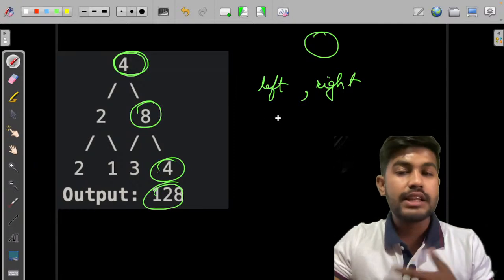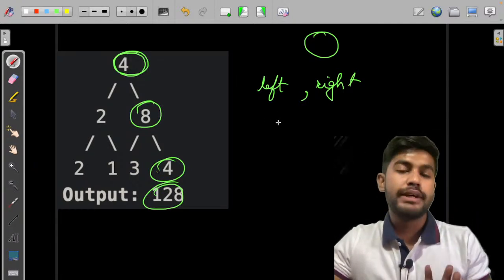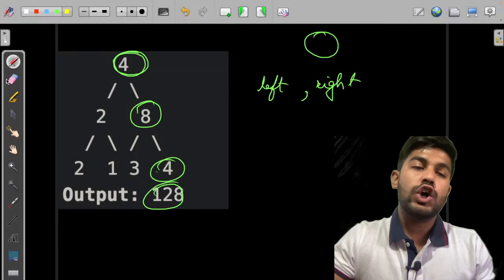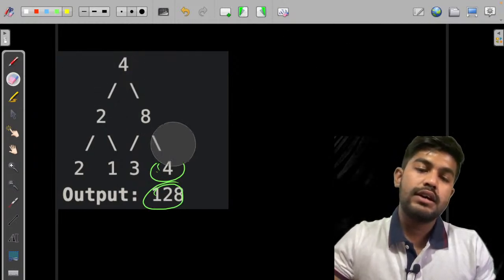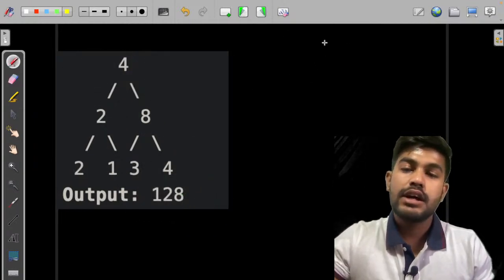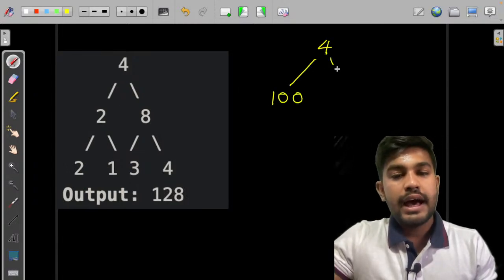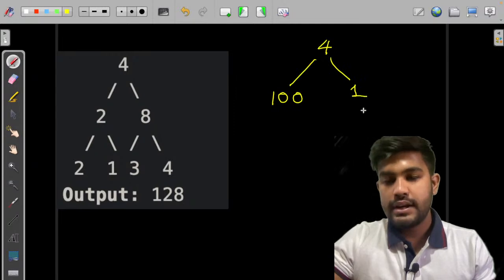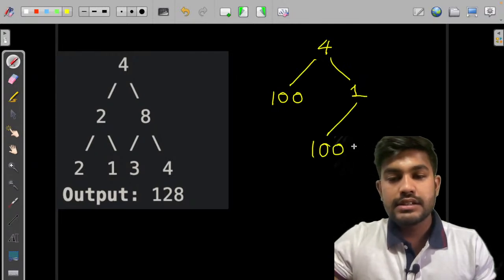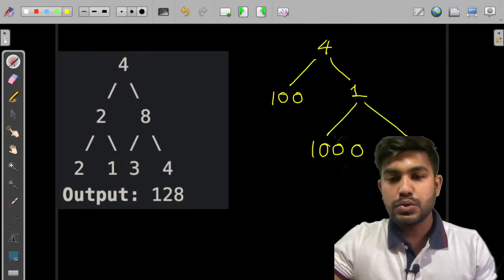At first, this question seems to be this, but the problem would occur when the connections would be like this. Suppose it is 4, then there is 100 and here it is 1, and then there is 1000 and then there is 2.